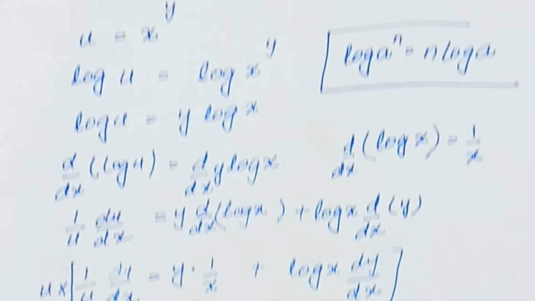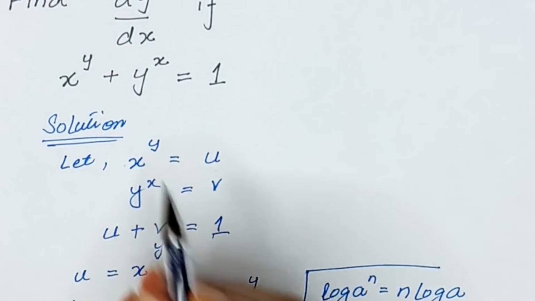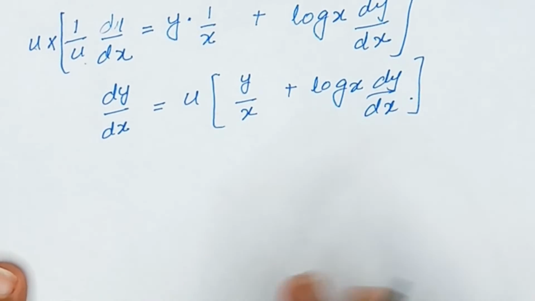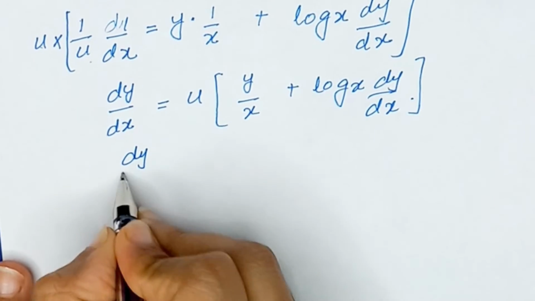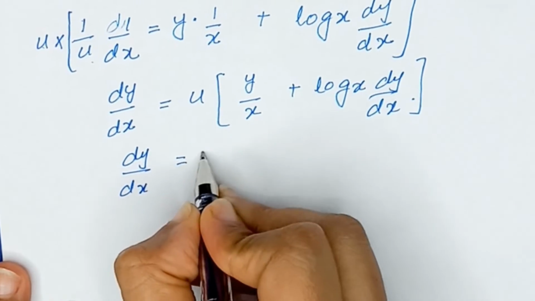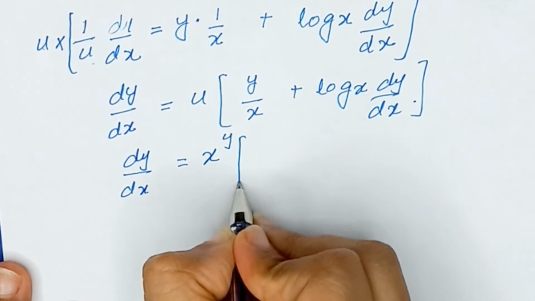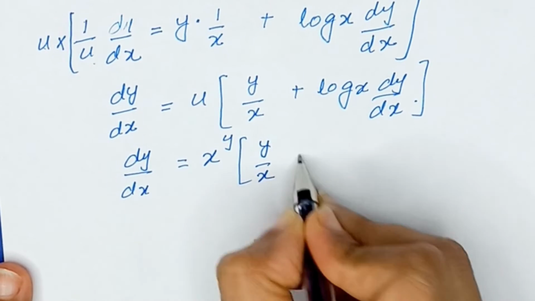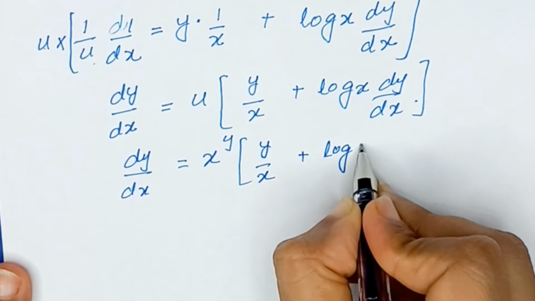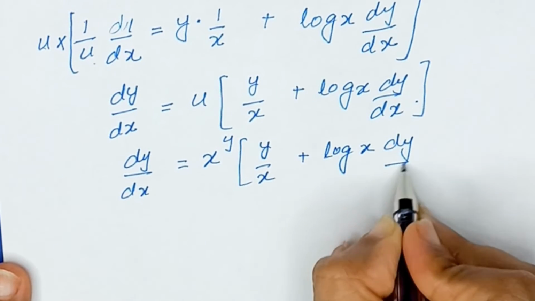As we know that u is equal to x to the power y, it will become du divided by dx is equal to x to the power y times y divided by x plus log of x dy by dx.